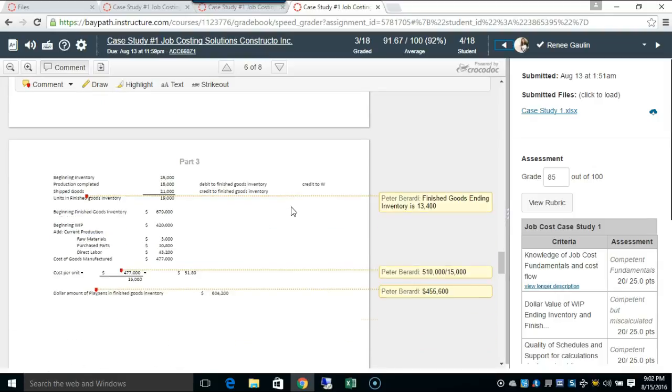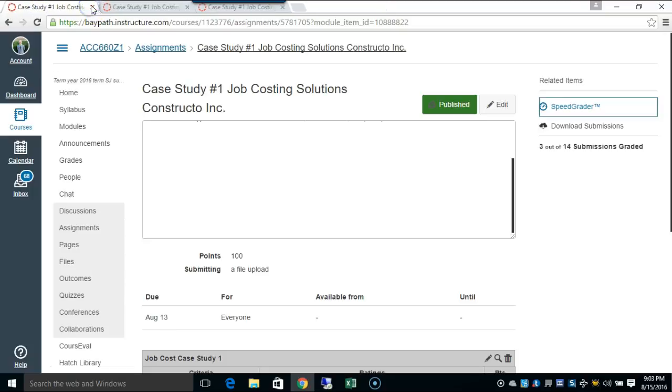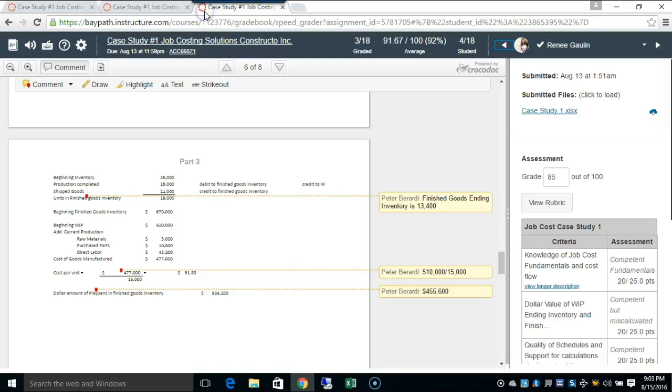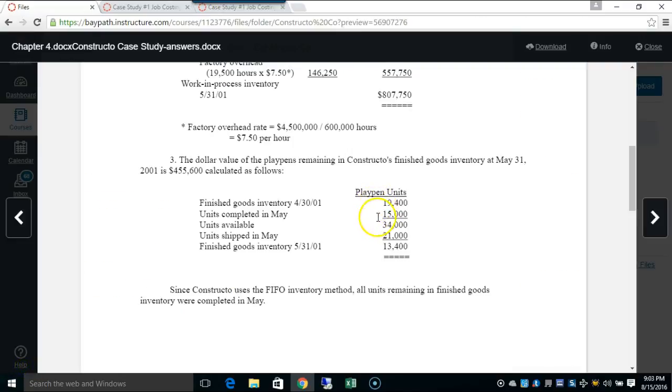So in part 3, the finished goods inventory is calculated as follows. The finished goods inventory started with your beginning inventory of 19,400 playpen units. Units completed in May were 15,000.